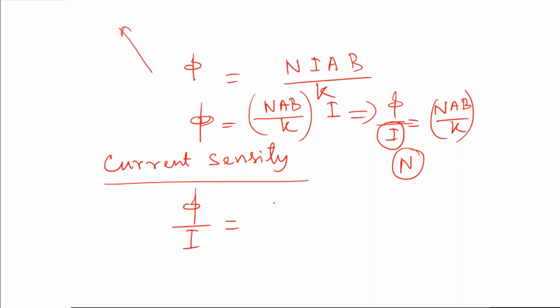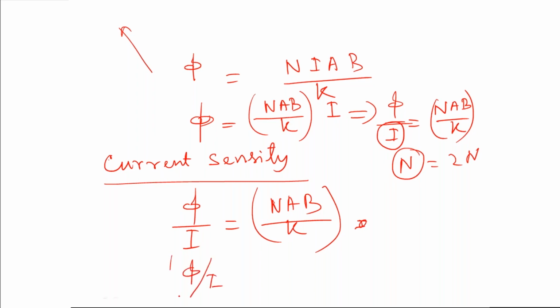Current sensitivity can be doubled if your N becomes 2N. Suppose the new current sensitivity is phi prime by I. It will be 2NAB by K, because the other things do not change. So it is 2 times phi by I, the previous one.